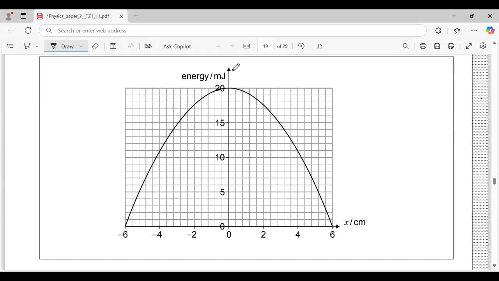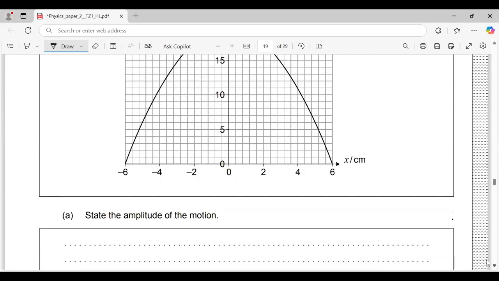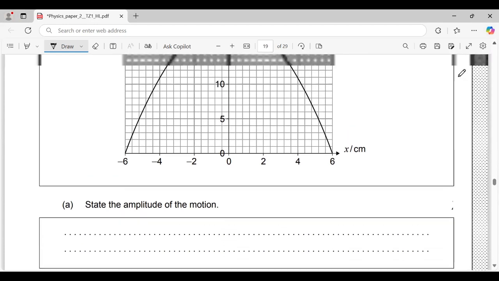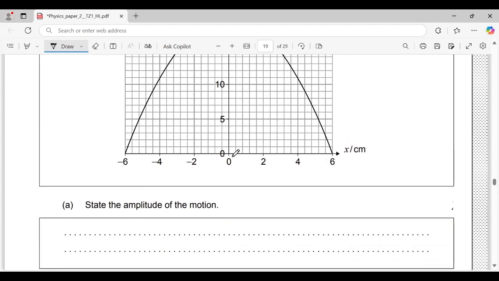This is the energy axis, and this is the displacement axis. State the amplitude of the motion. The amplitude of the motion is the displacement. So to the left is 6 and to the right also 6. So the answer is 6 centimeters.